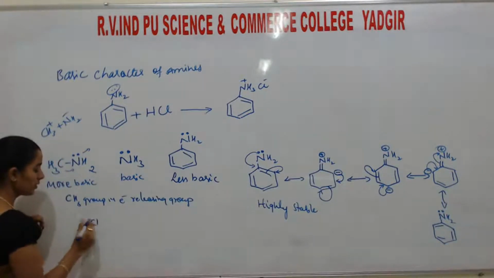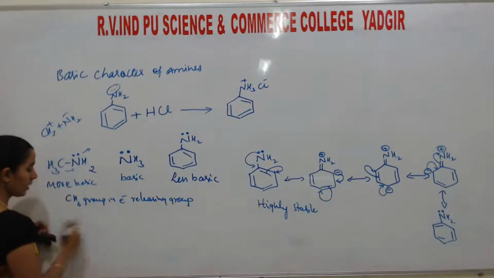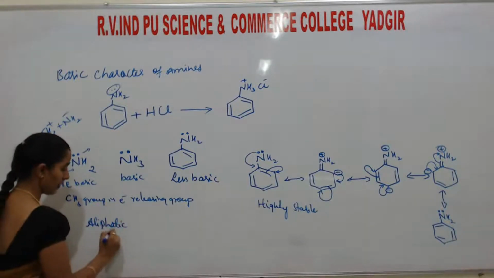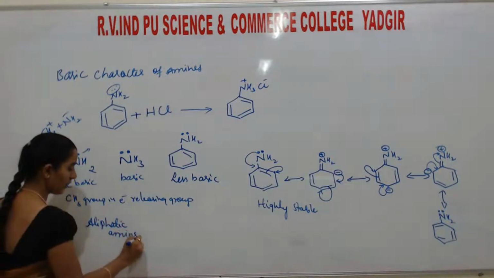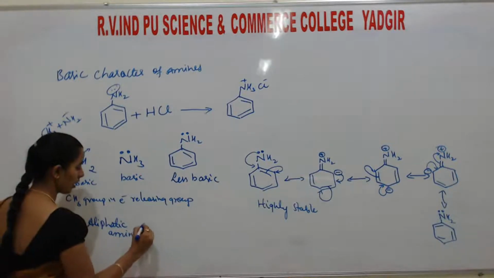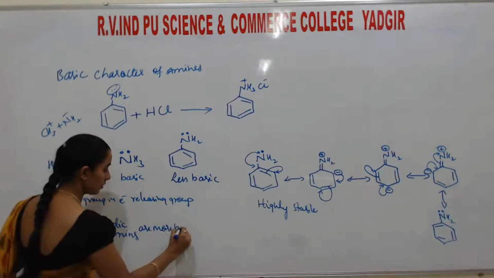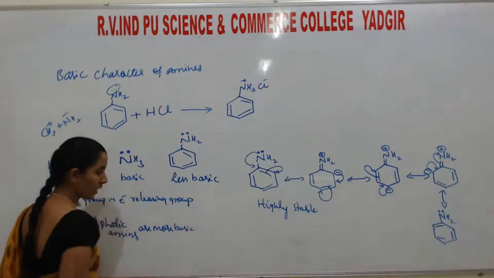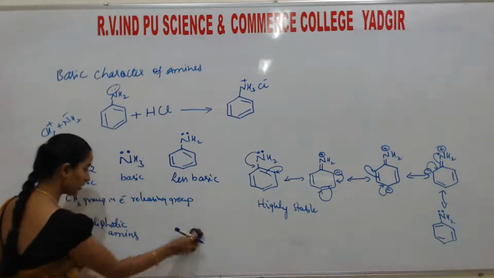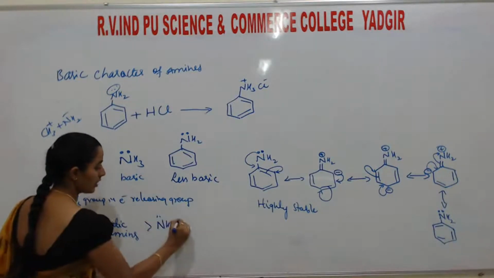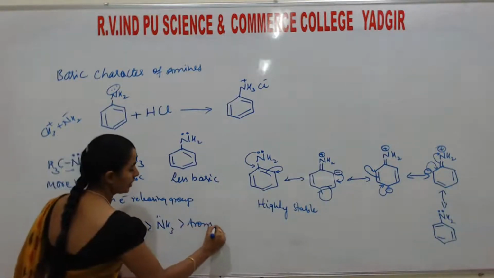If you know the order, this is more basic, basic and less basic. Aliphatic amines are more basic, then NH3, and then aromatic amines.